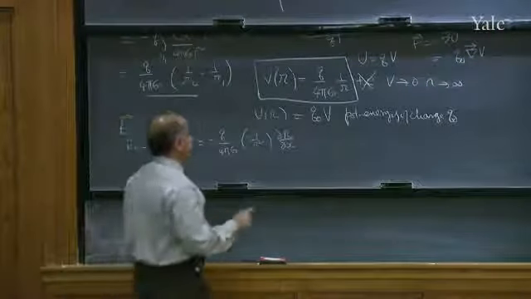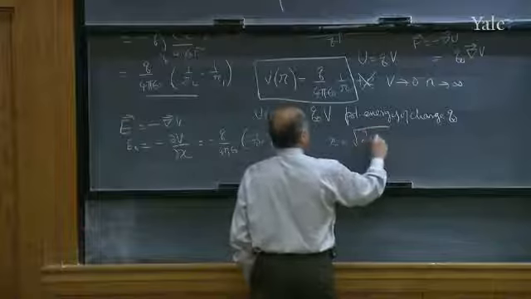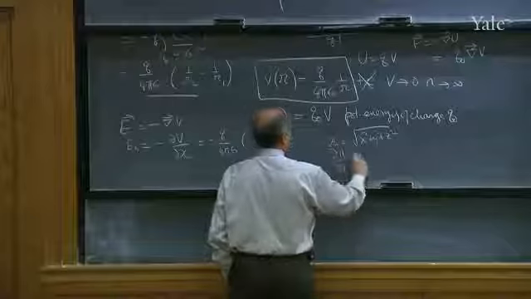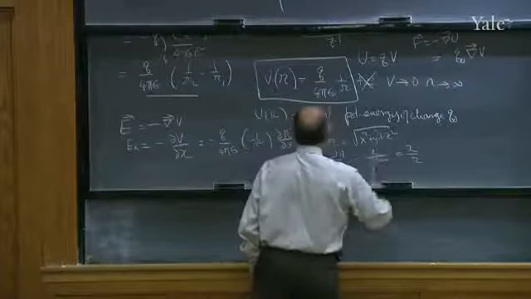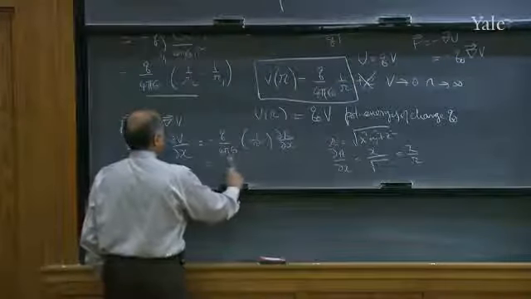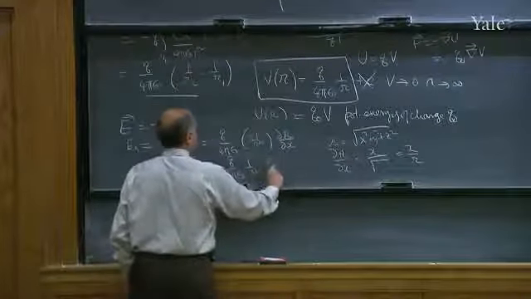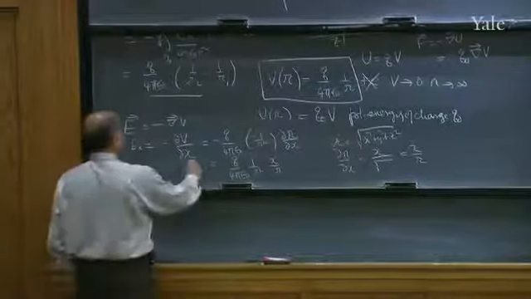What is dr dx? R is root of x squared plus y squared plus z squared. Dr dx is just x divided by R. So this becomes Q over 4 pi epsilon 0, 1 over R squared, x divided by R. This is Ex.